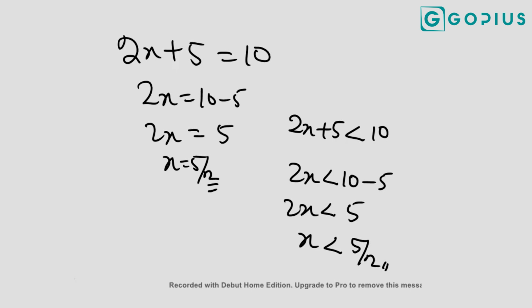So if I had something like minus 2x is less than 10, for instance, and I want to divide through by minus 2 so that x can stand alone, if I divide this by minus 2 and this by minus 2, I'm going to have x greater than minus 5, because 10 divided by minus 2 will give you minus 5.